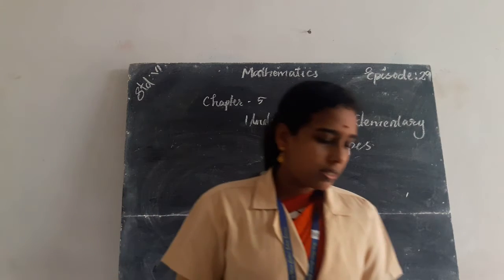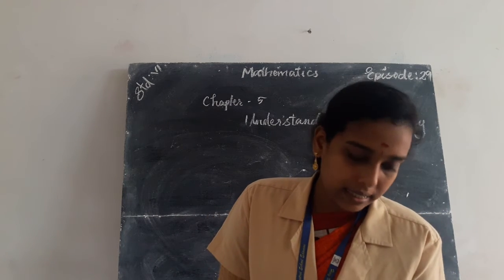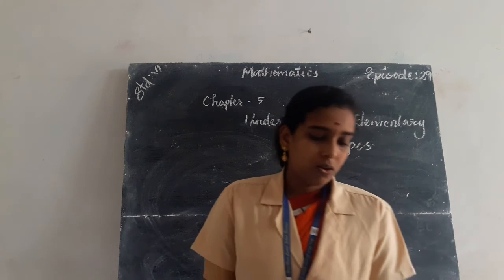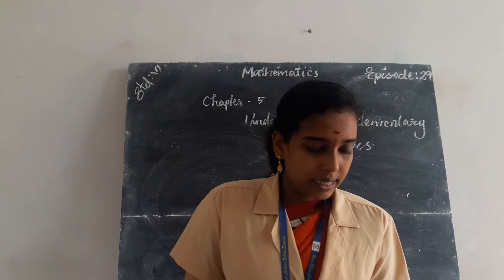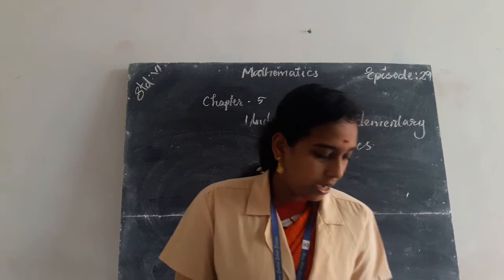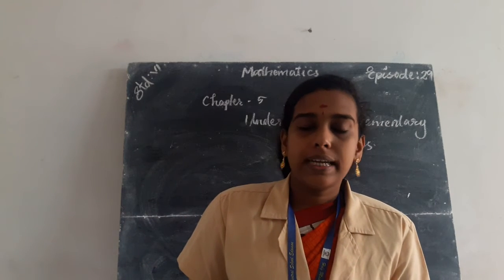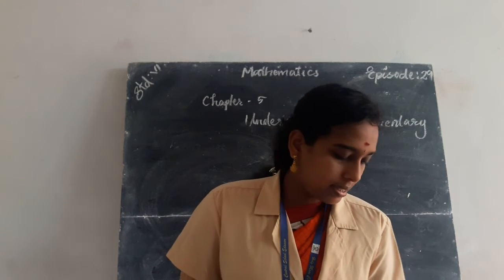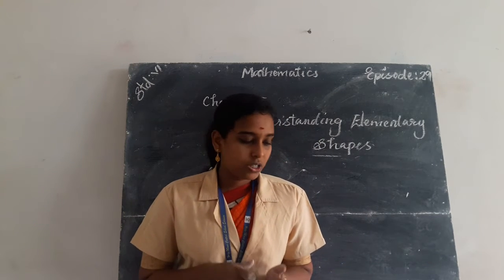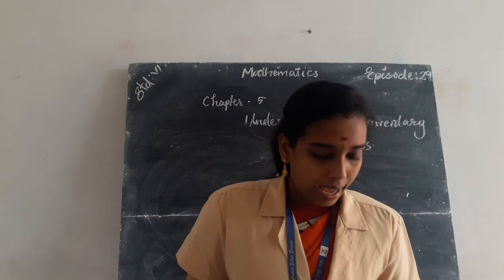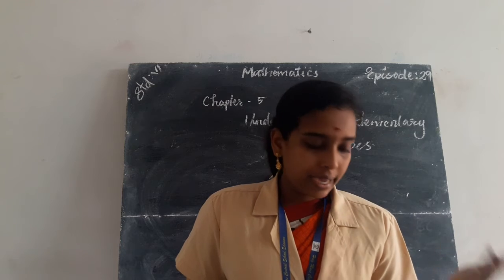So these are the solutions of exercise 5.8. Then we go to our next exercise, and it's based on some three-dimensional shapes that we also studied in previous classes. That's a sphere, cone shape, then triangular pyramid, and cuboid, etc.